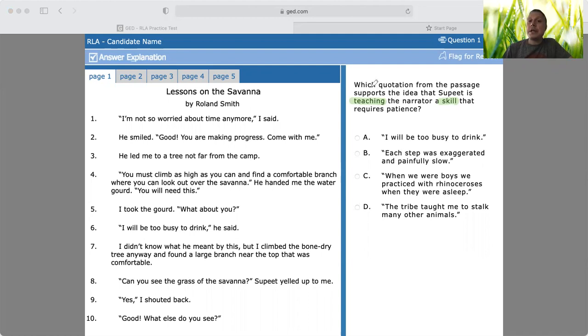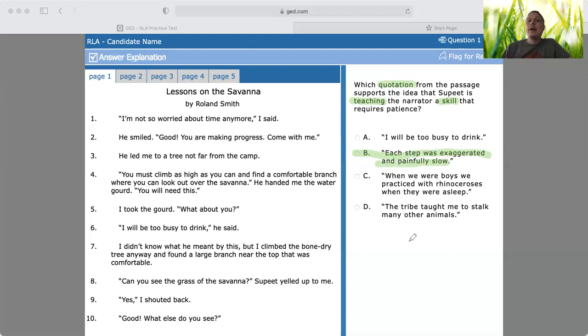So the question here says, which quotation from the passage supports the idea that Supit is teaching the narrator, right? So, in my opinion, and which is also the correct answer, is that each step was exaggerated and painfully slow.